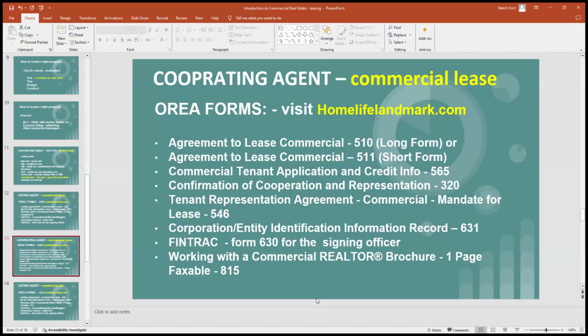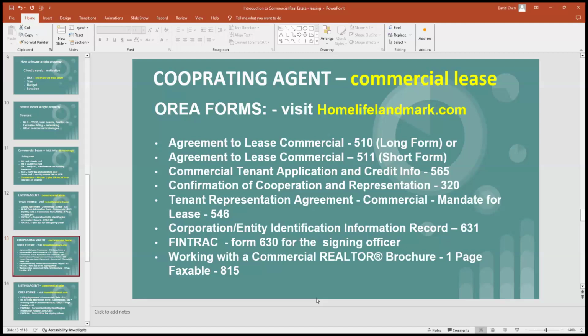Long form means you list every year's rental payment, up to 5 years. If you have a lease over 5 years, 10 years or whatever, you need an additional form for that. So it's a long form.